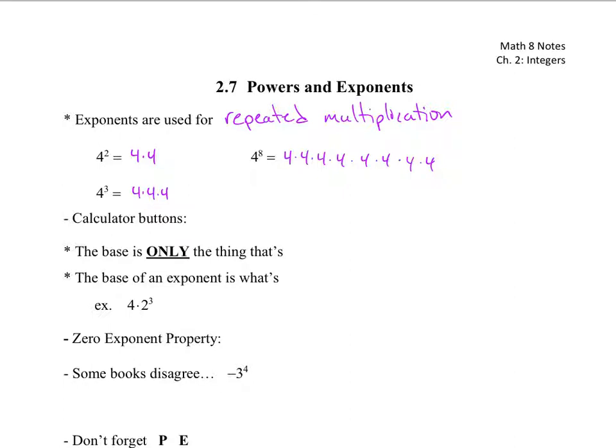I'll get to the calculator buttons in a second. The base is only, and that's capital letters underlined, only the thing that's immediately in front of the exponent, unless there's parentheses.